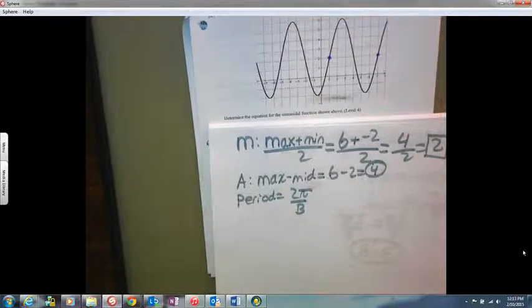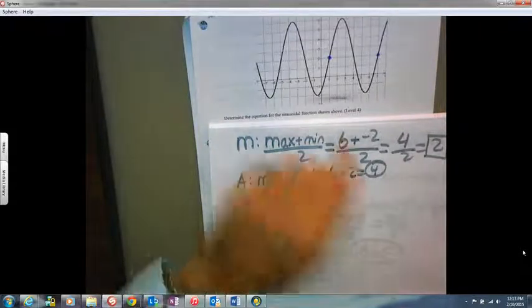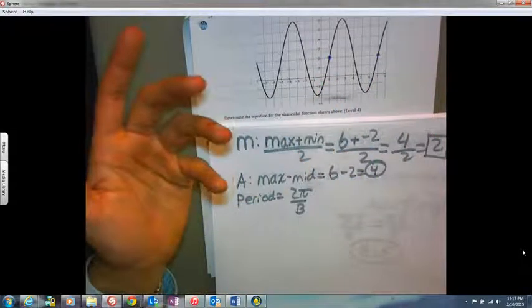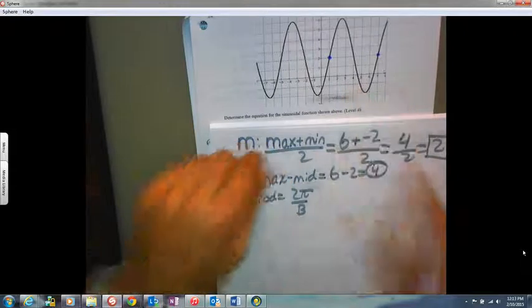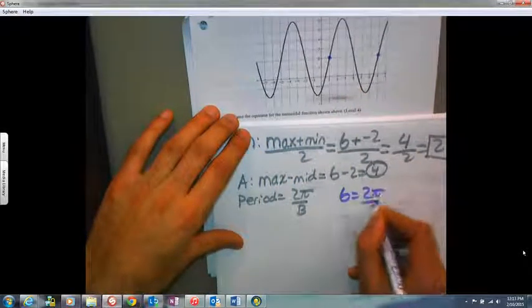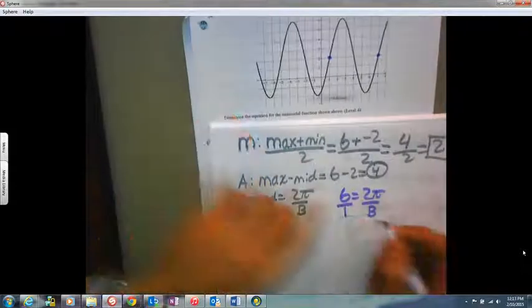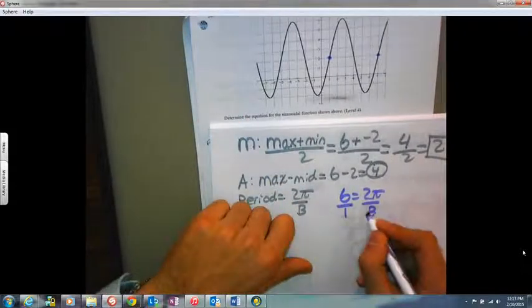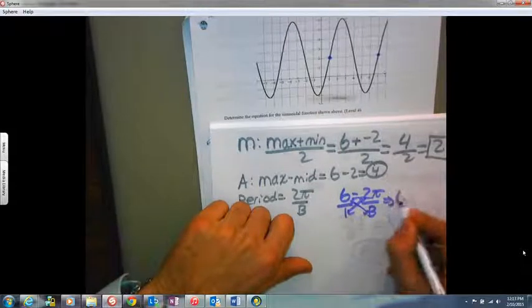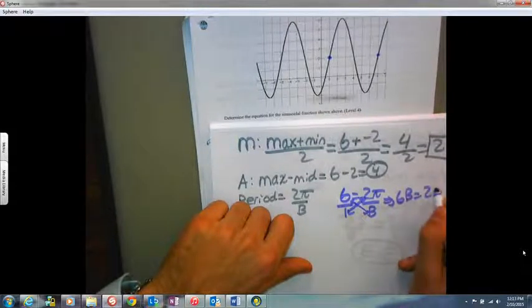So the period is from 1 to 7, which is 6 units. So 6 equals 2 pi over b. This is a fraction equaling a fraction, so you want to cross multiply. 6b equals 2 pi. b equals pi over 3.